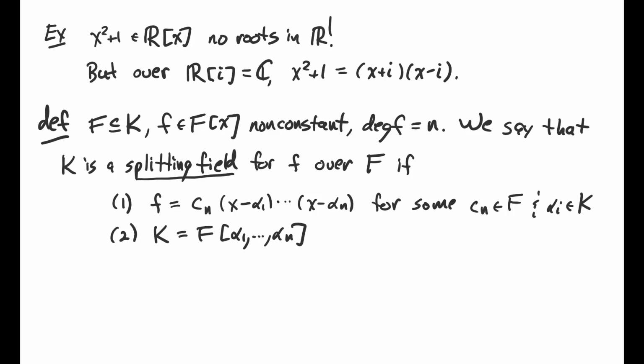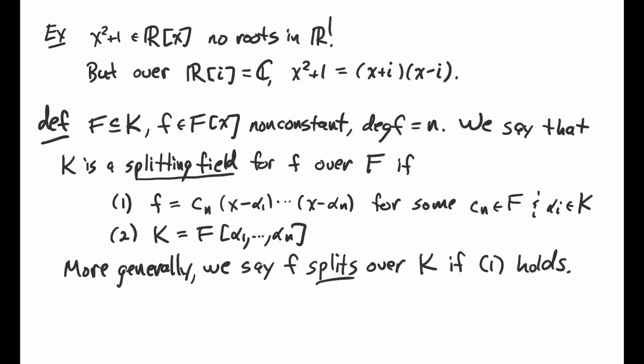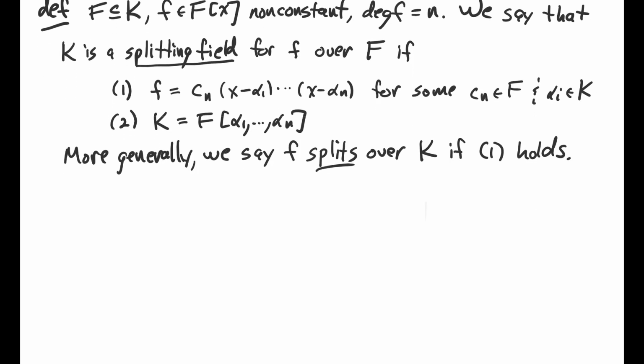So you should think of number two as a minimality condition. Number one as the actual factoring condition. So more generally, if just number one holds, whether or not two is in place, we say that f splits over K. All right, let's look at some examples here.